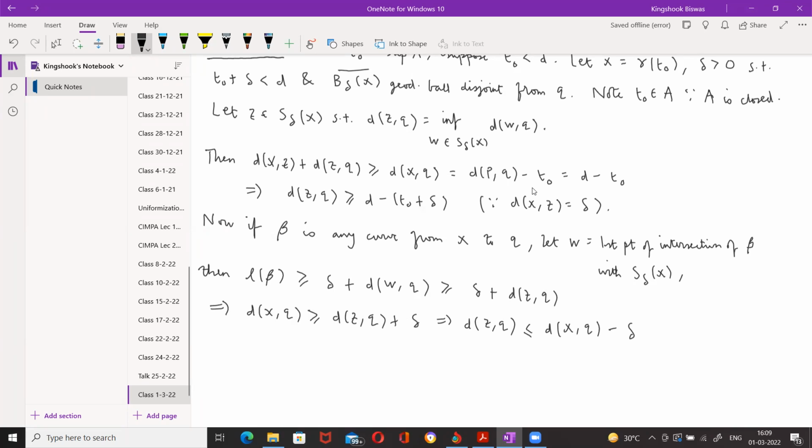And this, as we've seen before, because T naught belongs to A, is equal to D minus T naught minus delta. Right? So I get that the distance from Z to Q is greater than or equal to D minus T naught plus delta and less than or equal to D minus T naught plus delta. Therefore, the distance from Z to Q is equal to D minus T naught plus delta. Right?